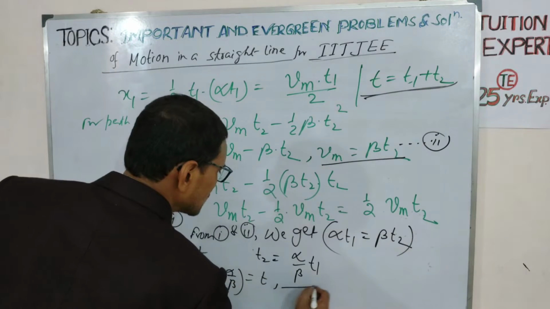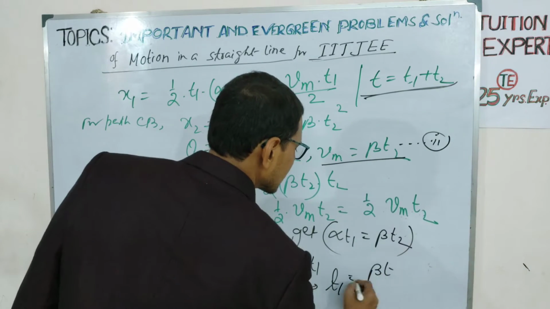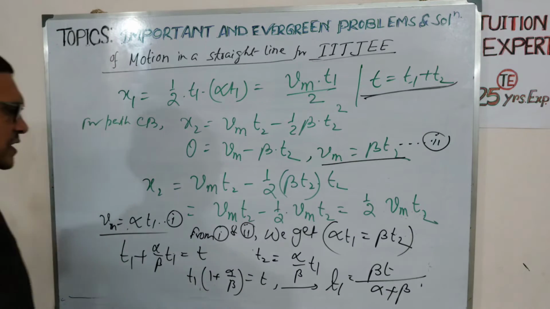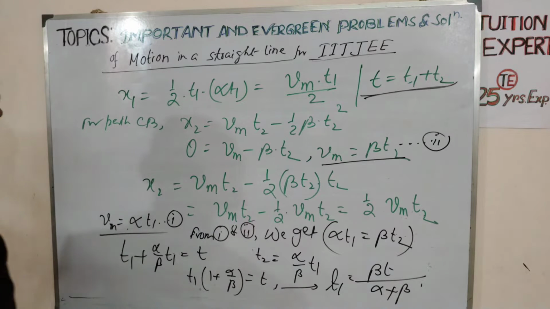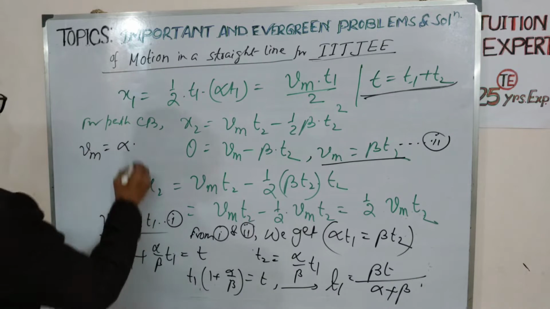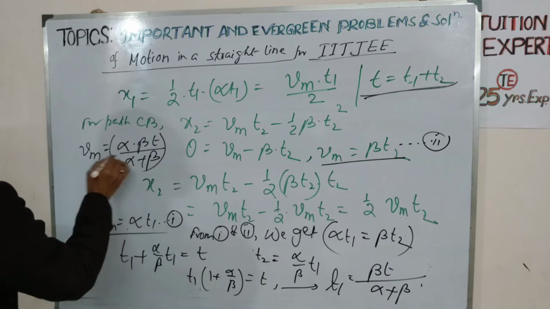So t1 equals this. Now what is the maximum velocity? Vm equal to alpha t1. We get Vm equal to alpha into t1, where t1 is this. So this is the answer.